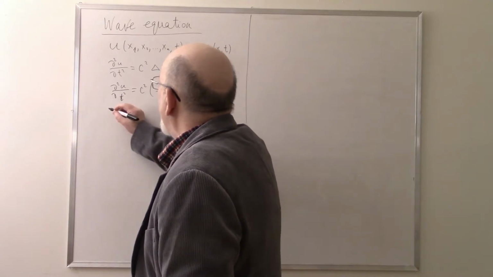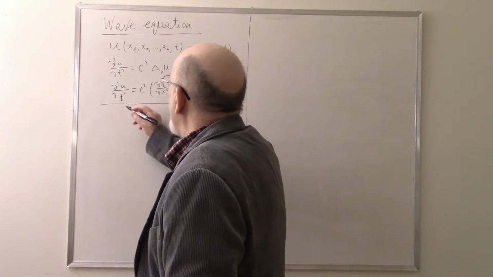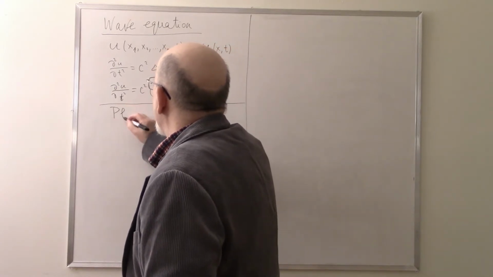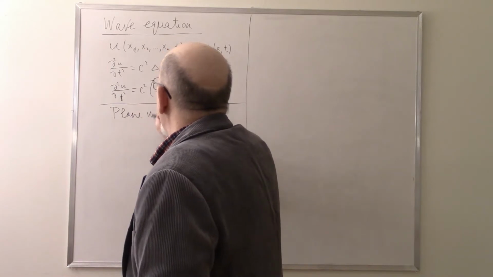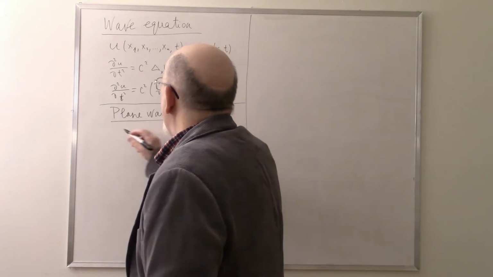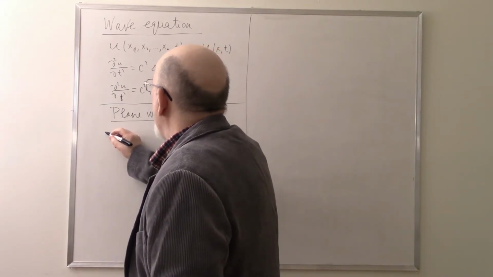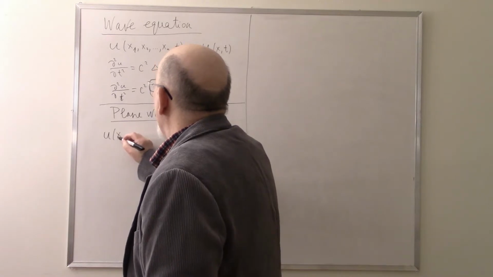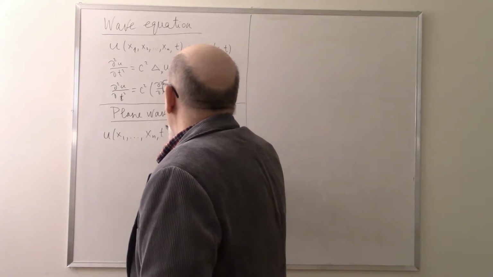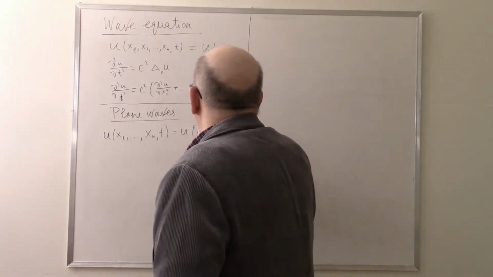We consider first the simple class of solutions. It is plane waves. It is the wave of the solution of the following form: u of x1, ..., xn, t equals u of x1, t.